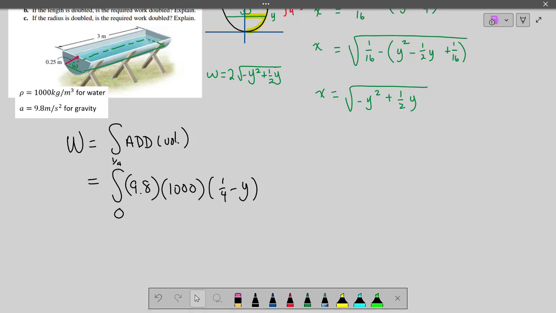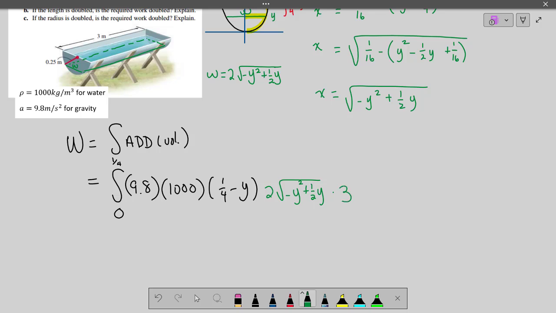So the area of a rectangle is the product of the two dimensions. Well, the dimension across the front is the width. So that's going to be 2 multiplied by this root, multiplied by 3.